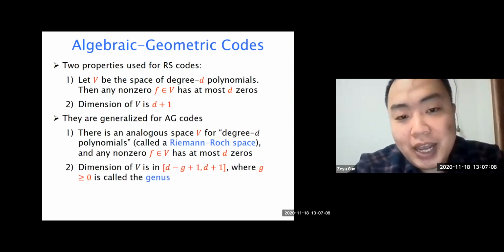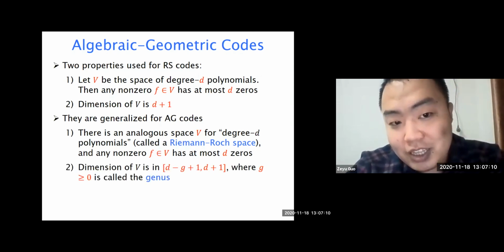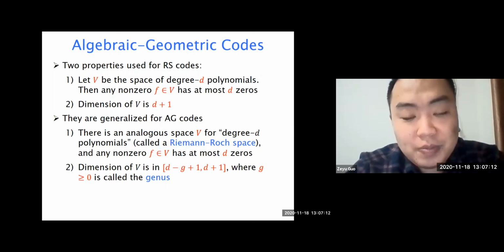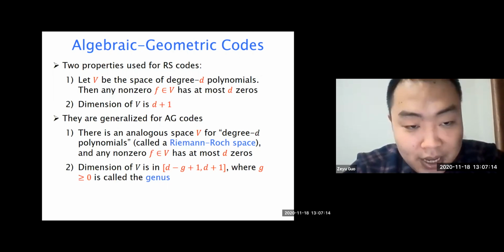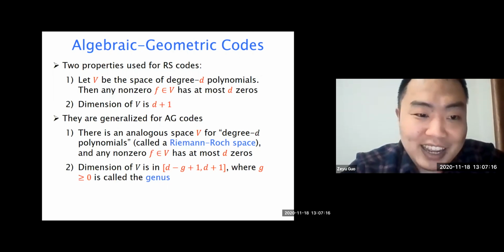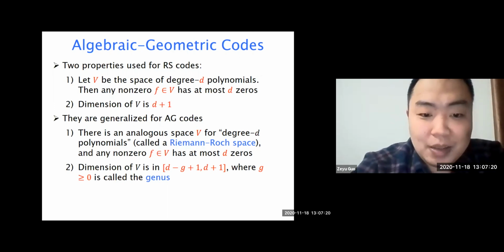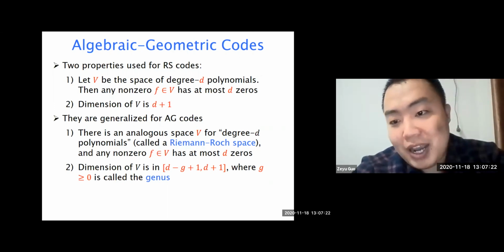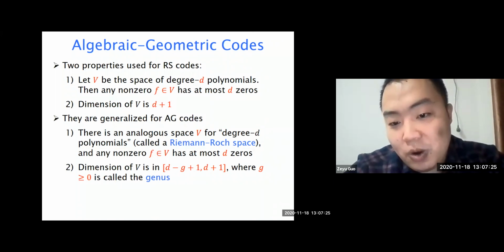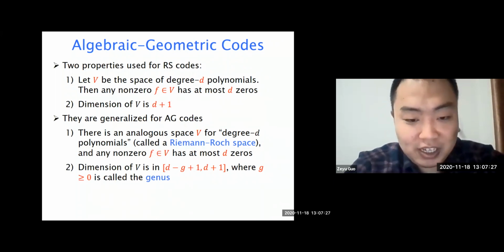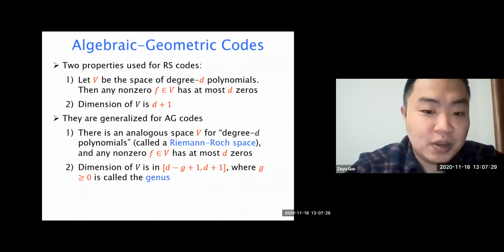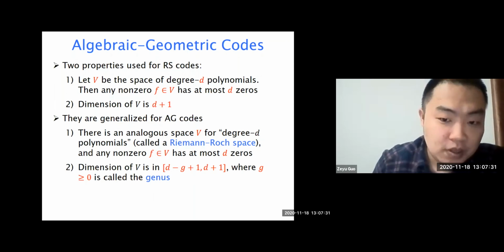The second property has to be weakened. Originally, the dimension of V is d plus 1, since the space of degree d polynomials has dimension d plus 1. For AG codes, it has to be replaced by the weaker property, where the dimension is between d plus 1 and d plus 1 minus g, where g is called the genus, an invariant depending only on the curve that we use.